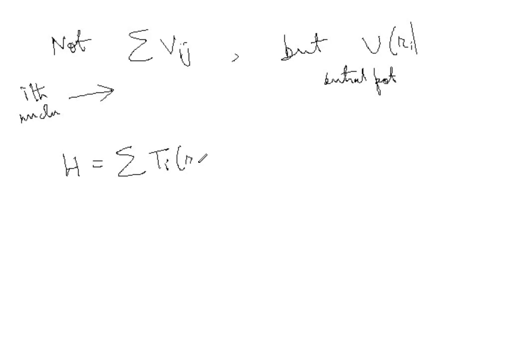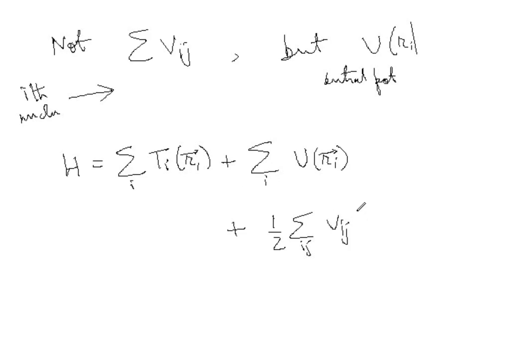So this is the Ti Ri term plus I am just adding this term, Ui Ri, plus the previous term, here also I, here also I. Here we have Vij Ri Rj minus this term which has been added.